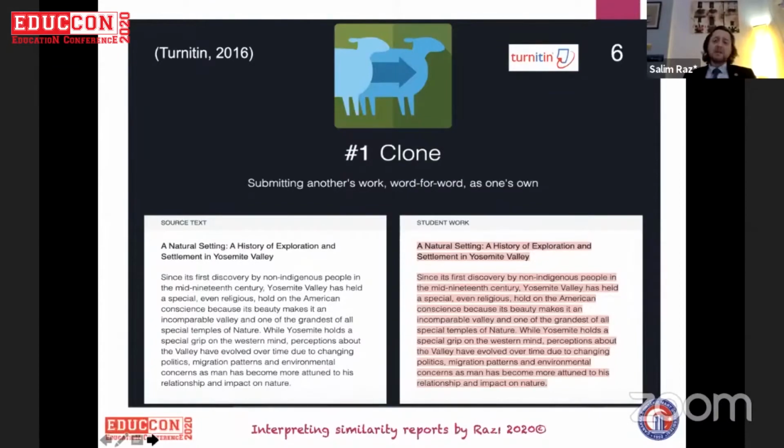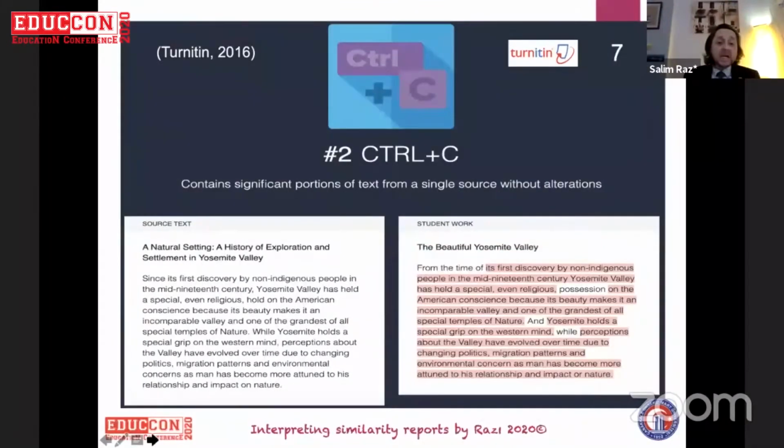You see there is only one color highlighted in red, which means that the student work is matched with another source completely, which means that the student definitely copied a text from the internet or any other available text and then submitted it to the teacher as if it were his or her own assignment. This is what we understand from clone type of plagiarism.